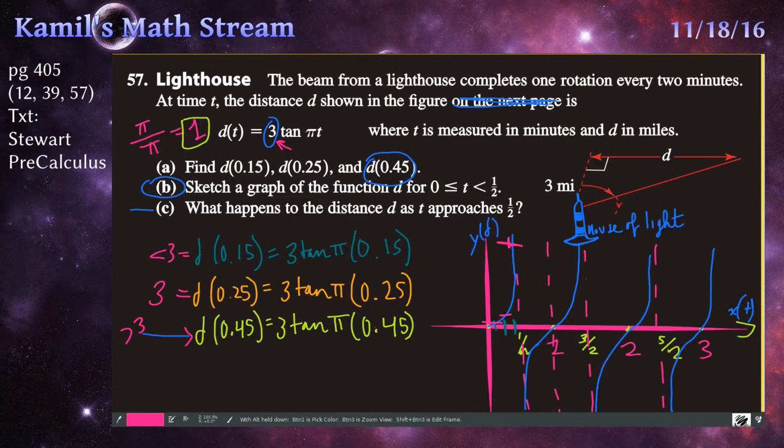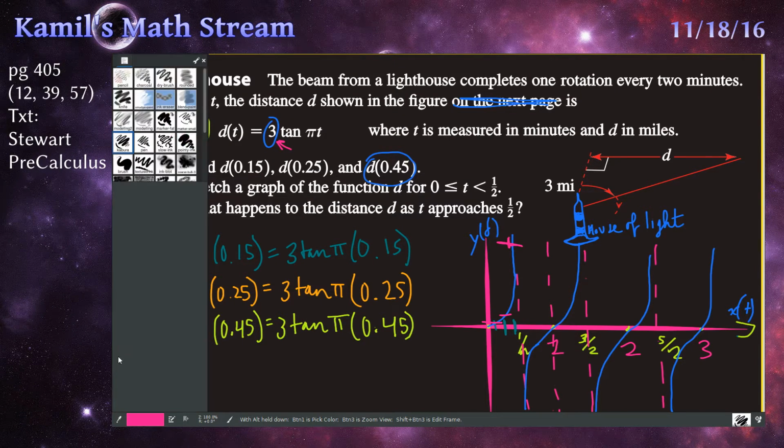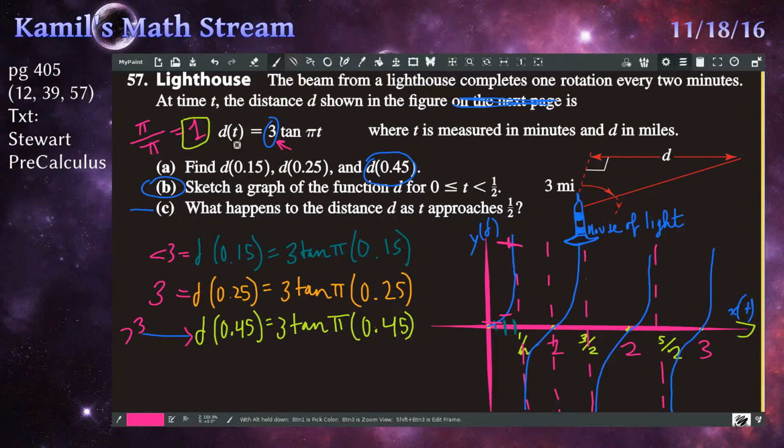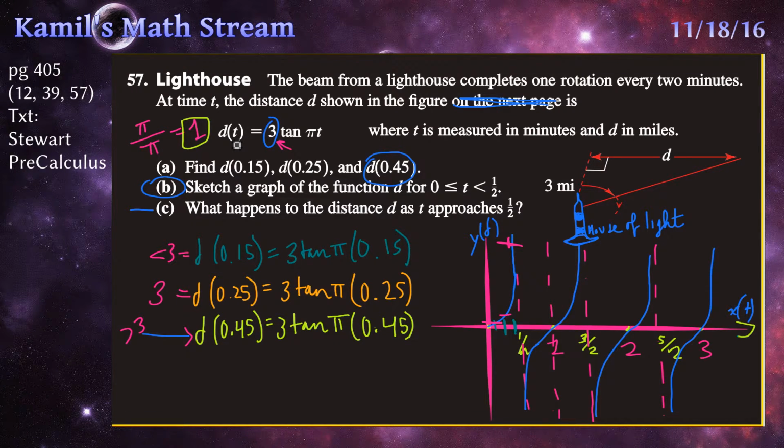Solve parentheses 3 tan pi t, comma t, and we should get 3.